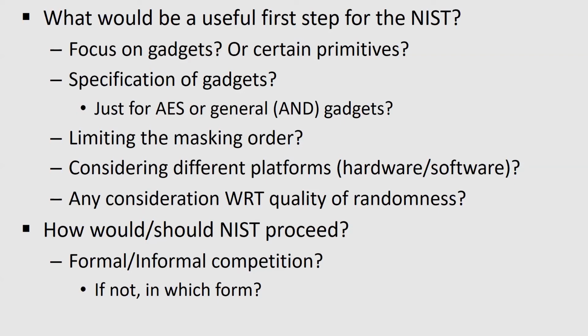For example, having contributions from the community enumerating what attacks we should definitely consider, and possibly an enumeration of security properties that should be considered. Naturally, security properties are often measured with respect to attacks, but for example, there are certain properties at the algorithmic level, like we've been hearing on uniformity and non-completeness.